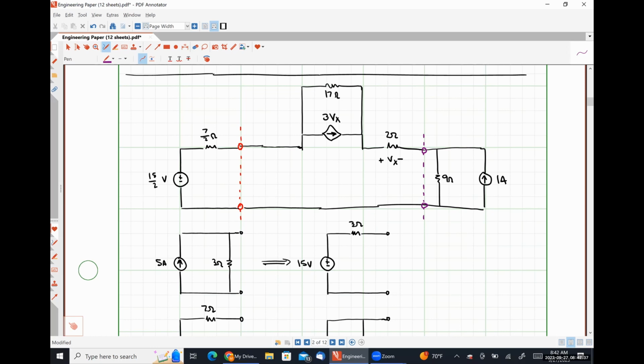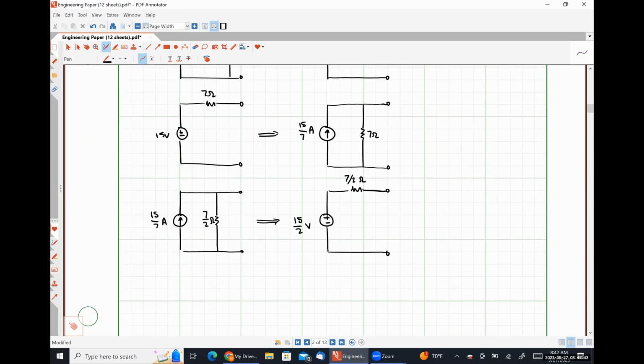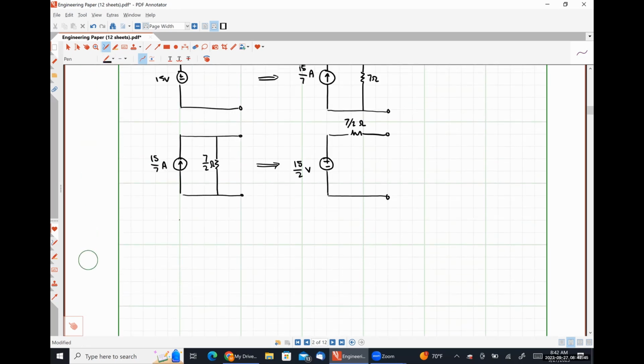So I have a 1 amp source in parallel with a 9 ohm resistor. So what is this electrically equivalent to?